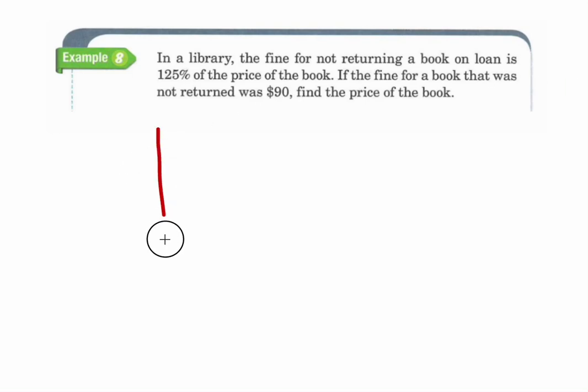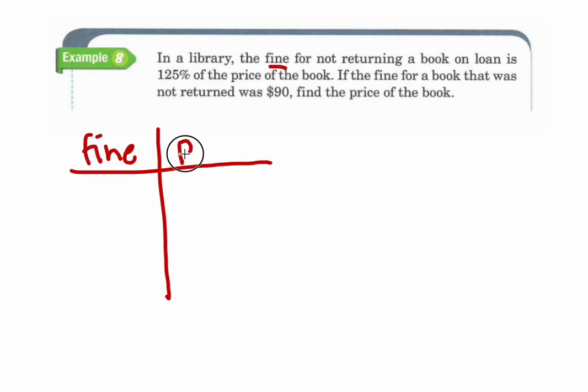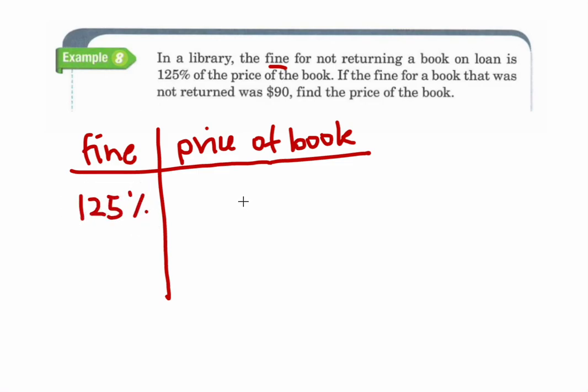All right, so if I were using a table, I'm going to label my table with the 2 things I'm talking about. I'm talking about the fine, and I'm also talking about the price of the book. So let's see. In a library, the fine for not returning a book on loan is 125% of the book.